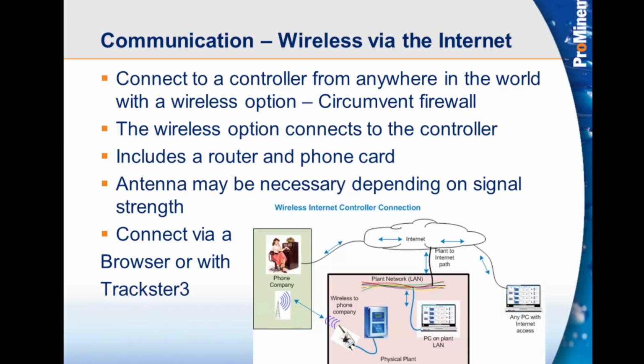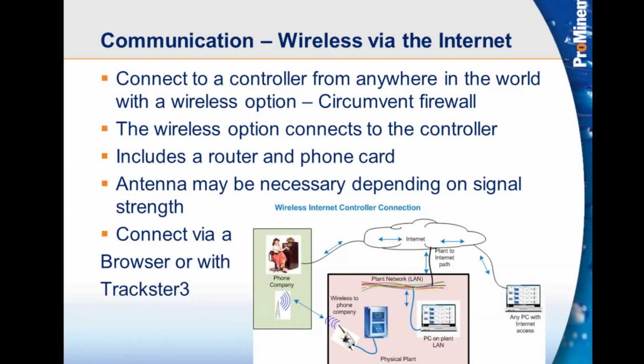And obviously, customers go to a lot of trouble to erect a firewall, if you will, that protects them from people outside their company getting into their business. However, once your controller is wirelessly connected to the internet, then anyone who can get to the internet and knows the IP address and knows the password, including your customer, can connect to the controller.